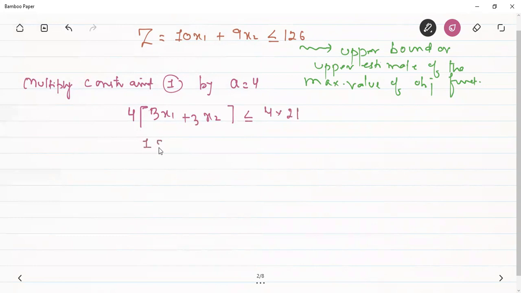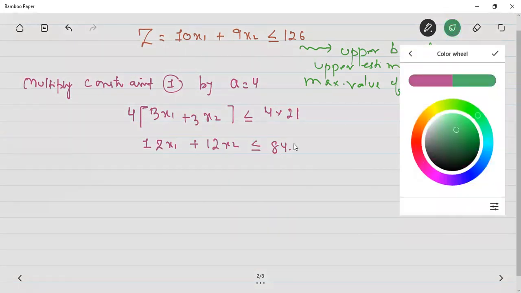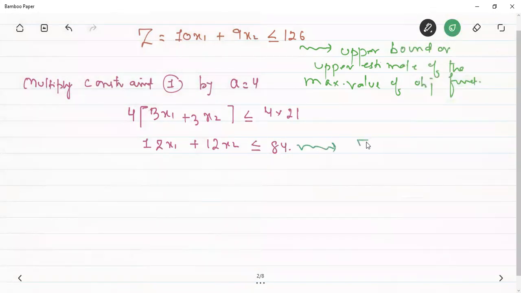So this will be 12x1 + 12x2, which has to be less or equal to 84. Now we are comparing this inequality with our objective function.